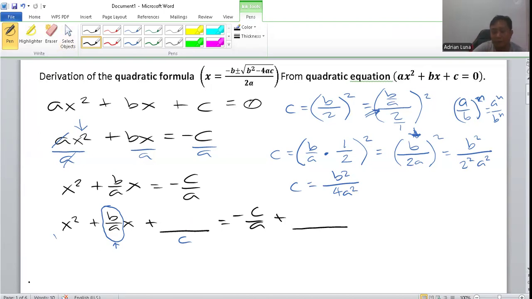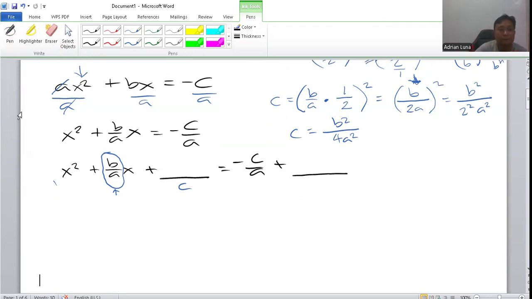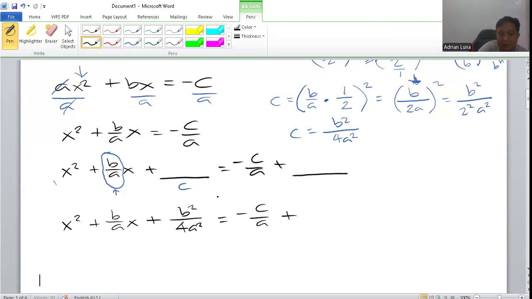And that would be x squared plus b over a x plus b squared all over 4a squared is equals to negative c over a plus kung anong dinagdag sa kaliwa, siya rin idadagdag sa kanan since equal nga sila para mabalanse.